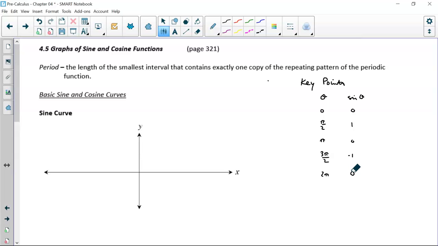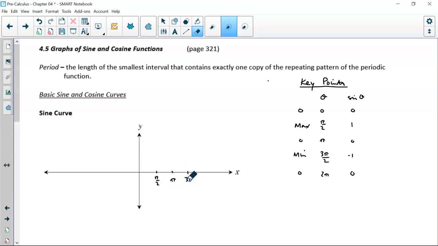Now, the way that sine works, we have our 0, our maximum, 0, the minimum, the lowest point, and then back to 0. And it's just going to keep following that repeating pattern. Here's our pi over 2, pi, 3 pi over 2, and our 2 pi.